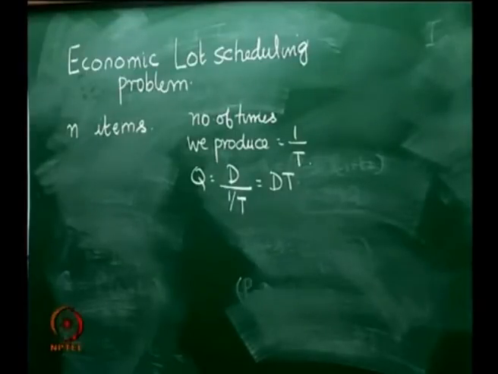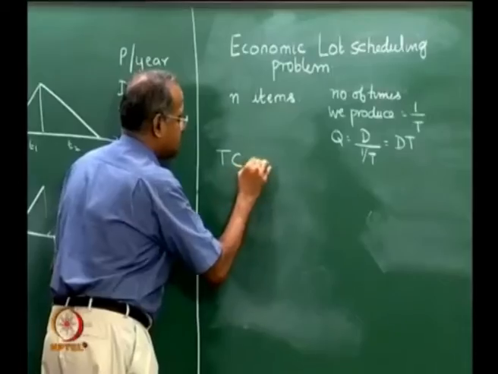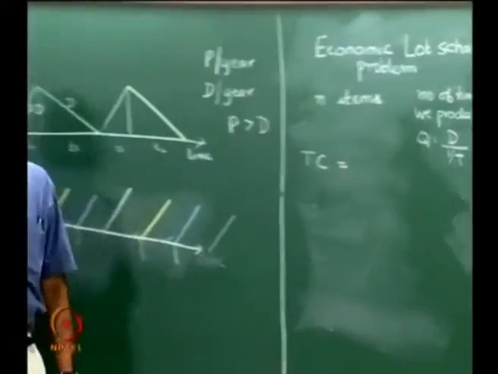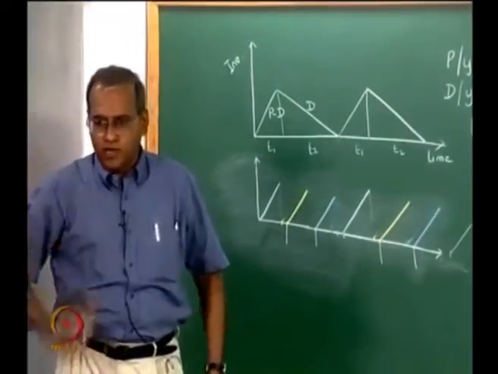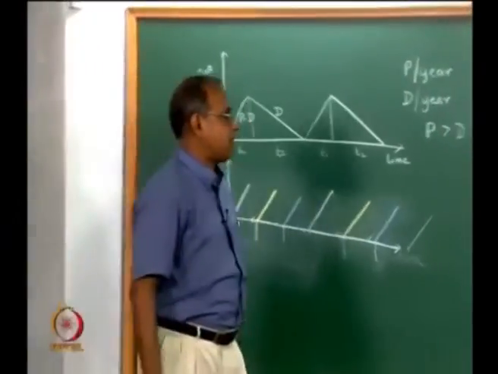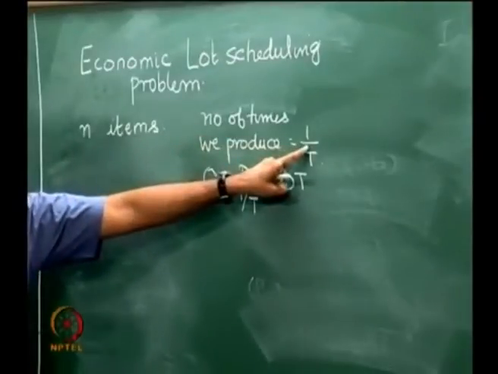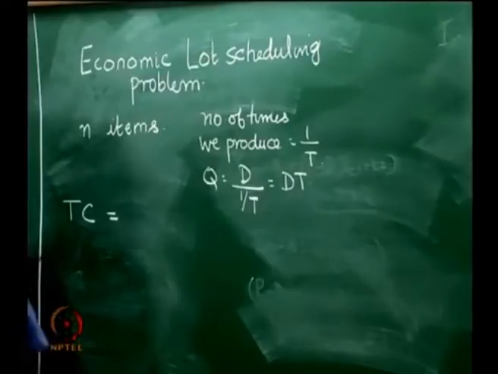Right. So, for each item, so for the first item, if I find total cost, it is equal to setup cost plus inventory holding cost. So, setup cost is number of times we produce, which is 1 by T, and every time we produce we incur a setup cost of C naught.